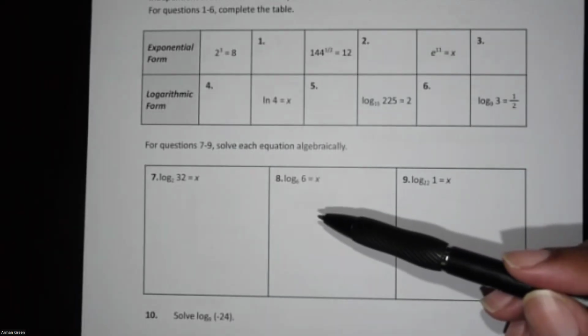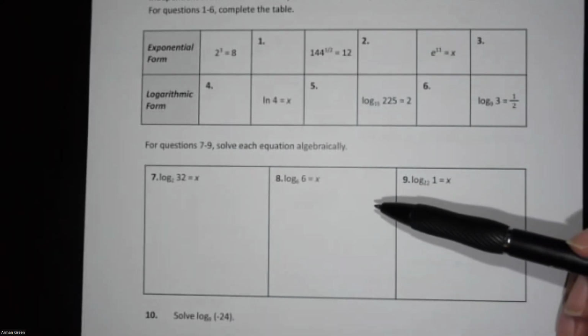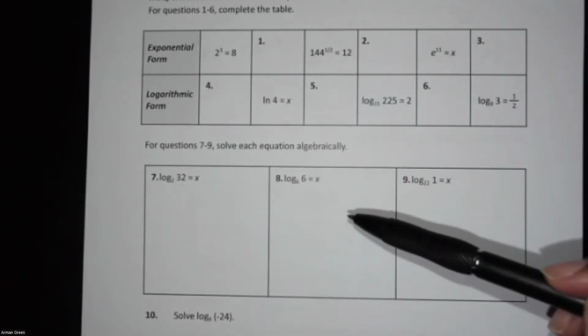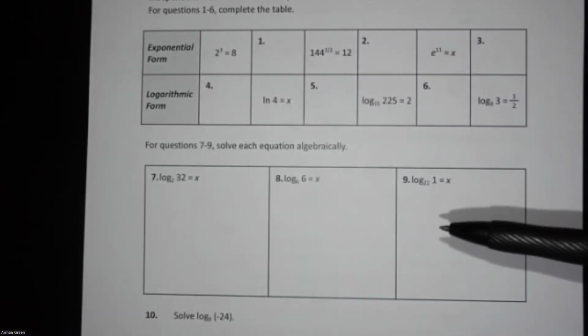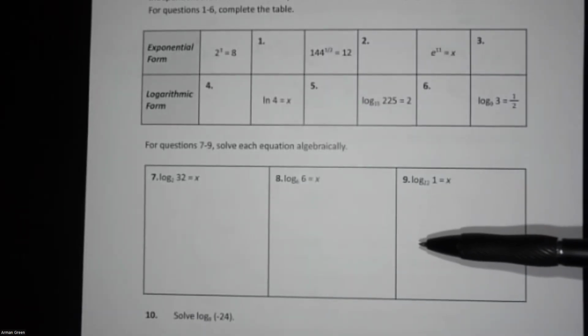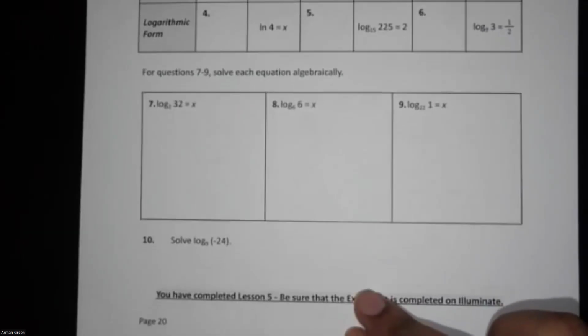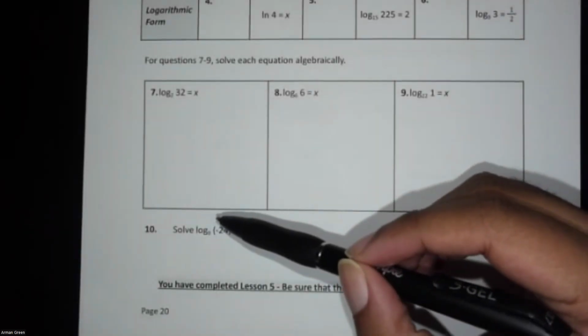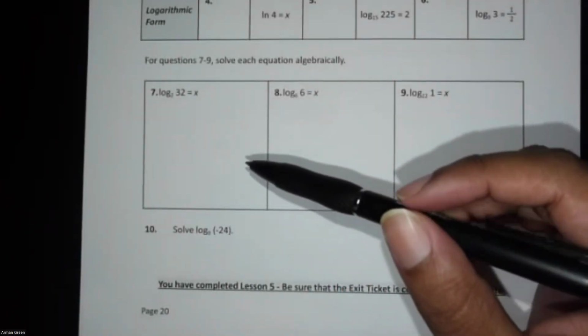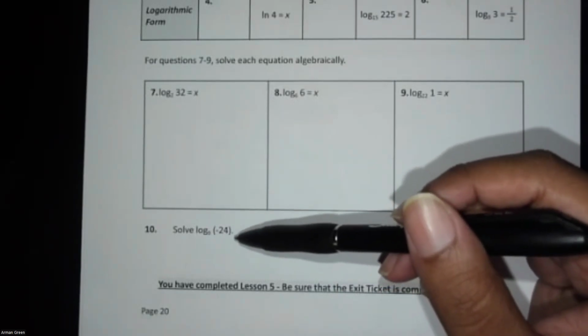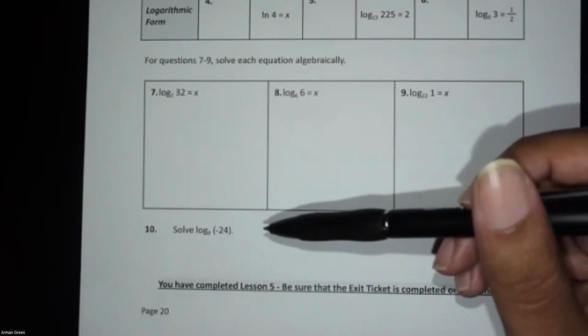You have questions 7 through 9 here, asking you to find your values for x algebraically without using a calculator. That's the important thing. So you need to find these answers without using a calculator. And then the last problem here, number 10, this is where I'm allowing you to try to solve for this problem using a calculator.